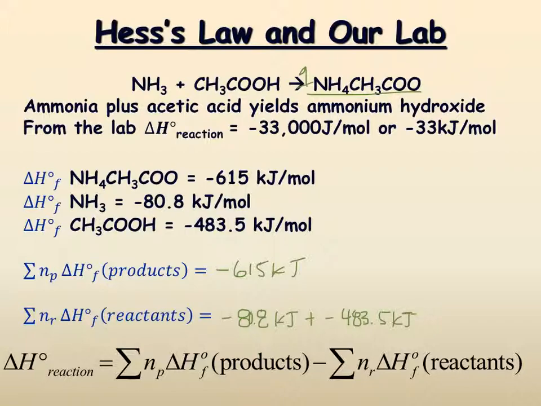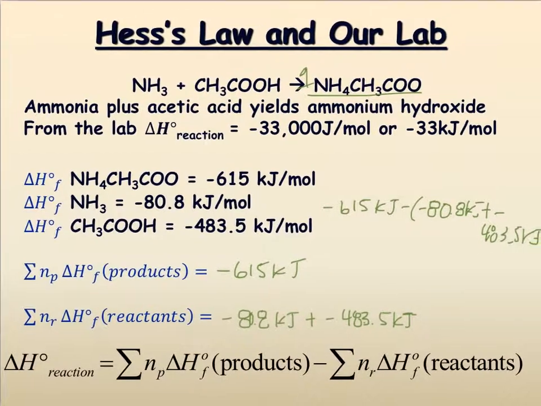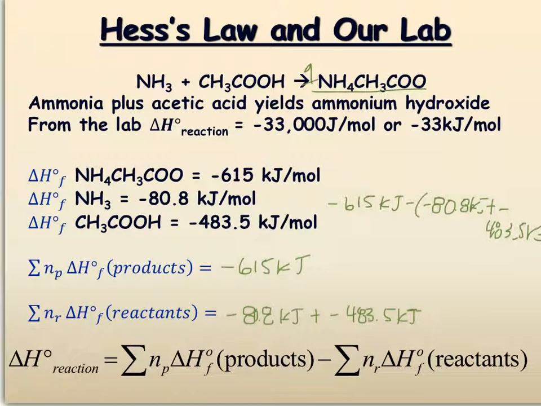Okay, and really what this would look like when I do my math would be negative 615 kilojoules minus negative 80.8 kilojoules plus negative 483.5 kilojoules, which gives you negative 50.7 kilojoules.